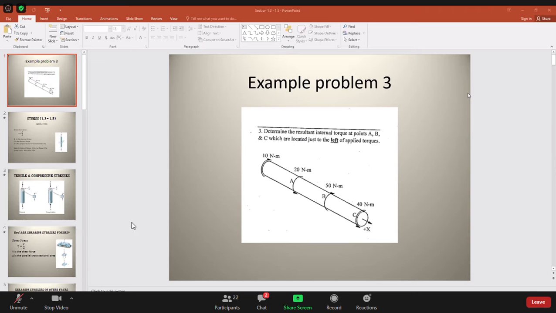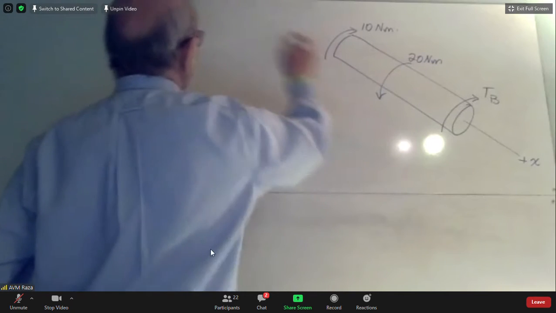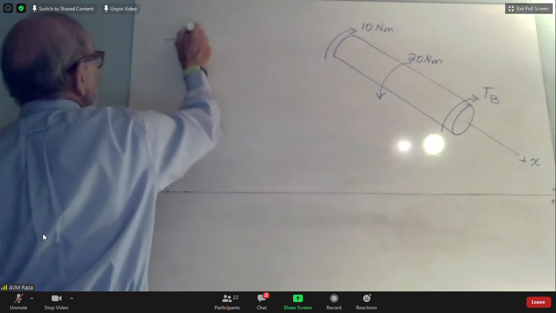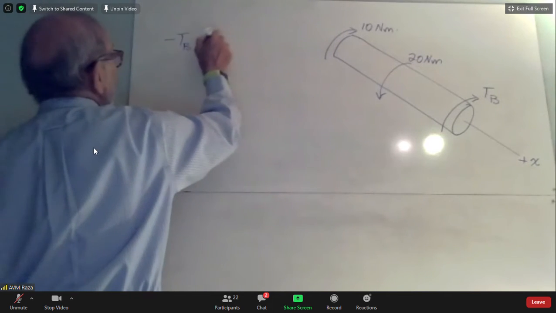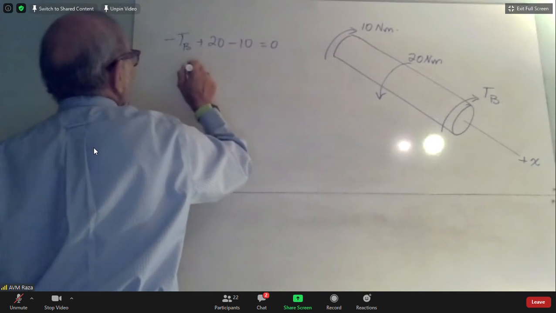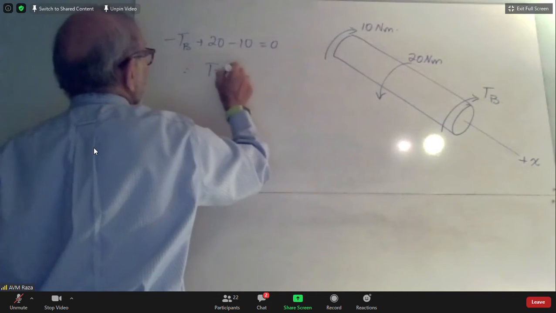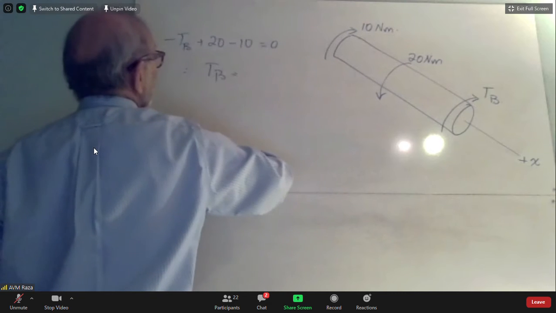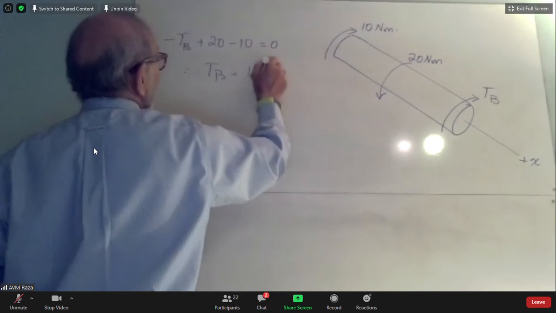Well, 10 Newton meters is negative, 20 is positive, TB is also negative the way I've shown it. So let's write the equation of equilibrium. It will be minus TB plus 20 minus 10 equals 0. Therefore, TB, if I transpose it to the other side, will be equal to 10 Newton meters.